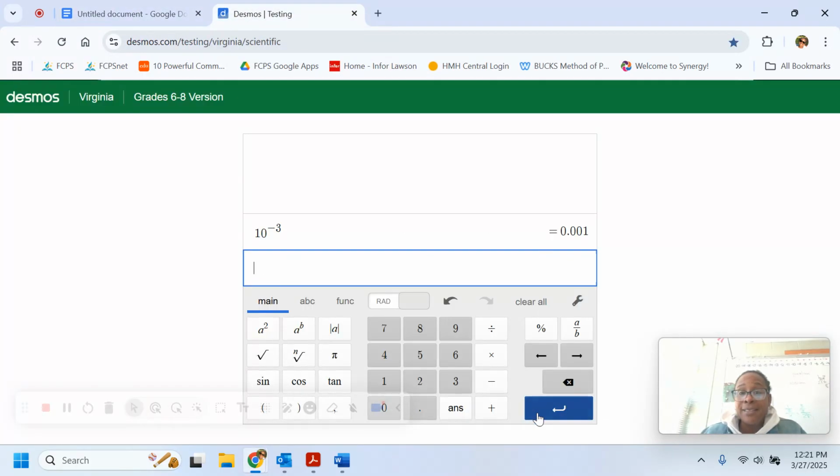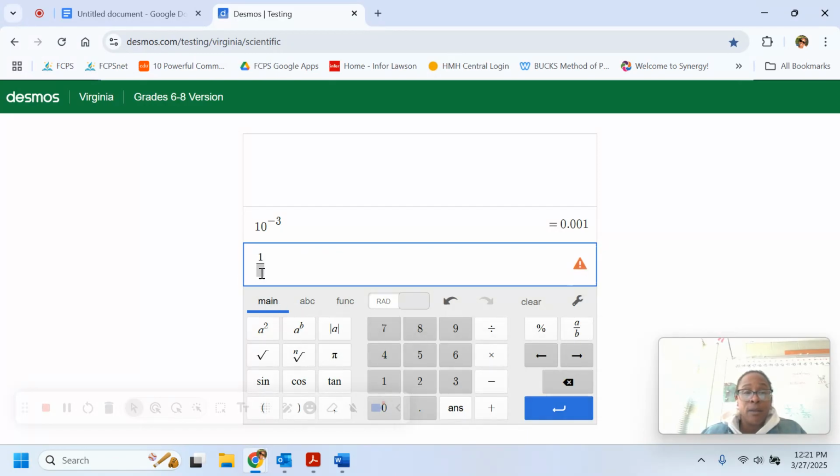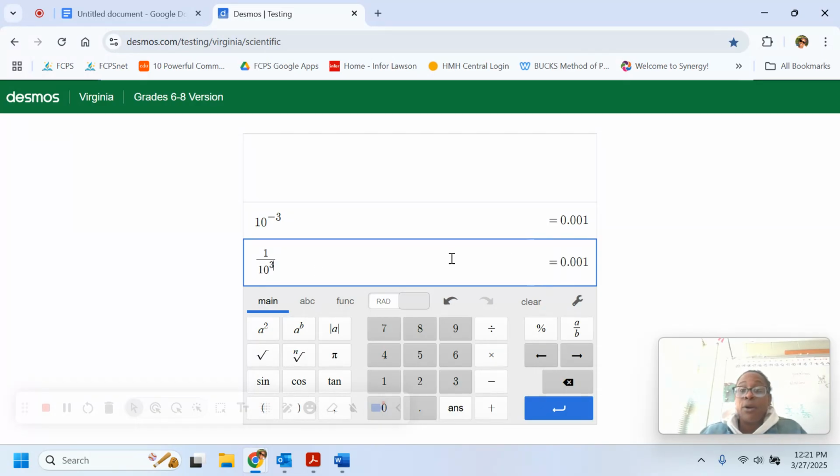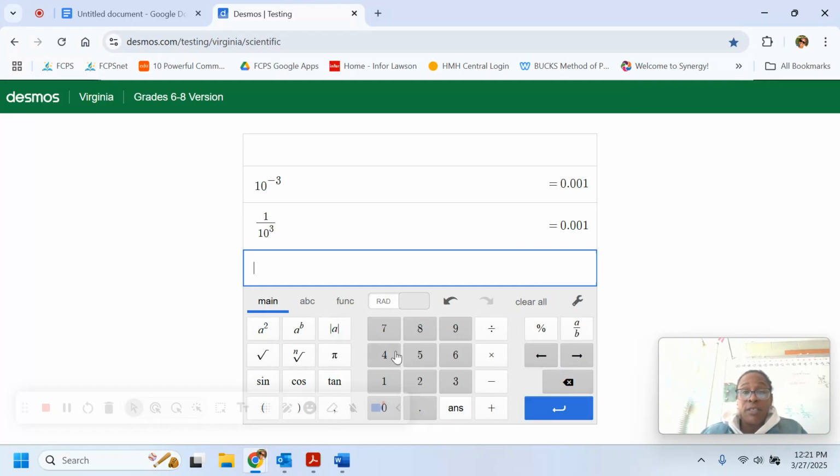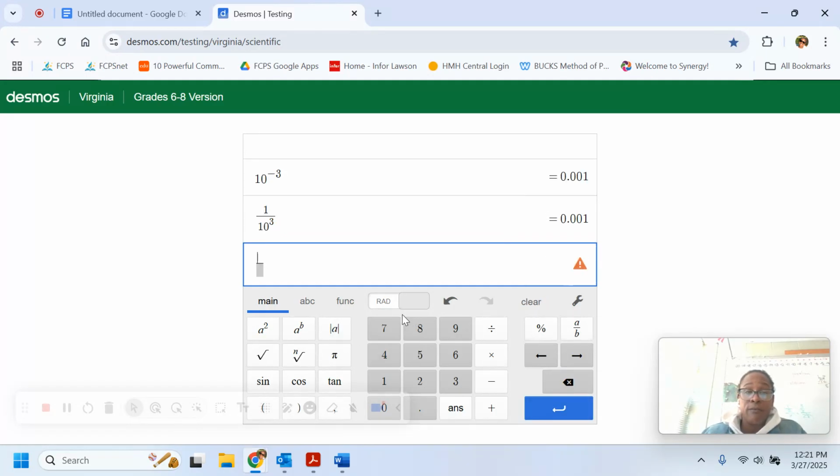All right, the next thing we could do is type in 1 over 10 to the third power. So we can still verify that. You could even type in the values to multiply the fractions: 1 over 10, multiply that fraction again, 1 over 10, and again, 1 over 10.